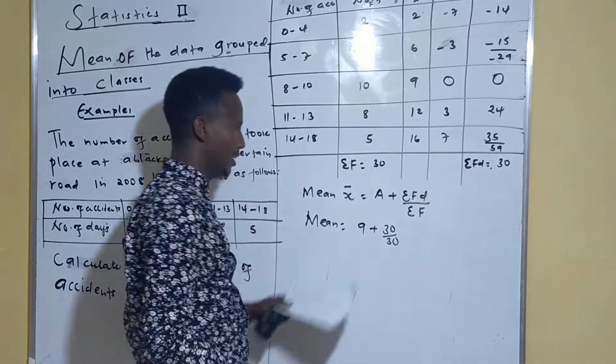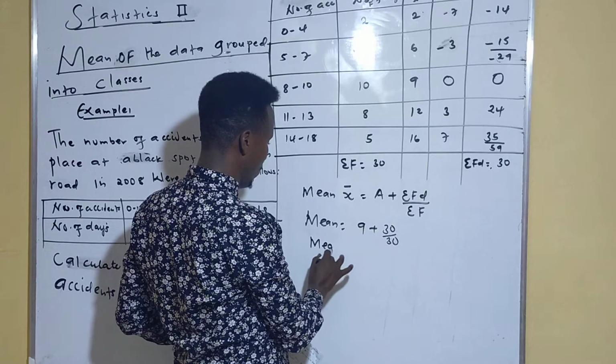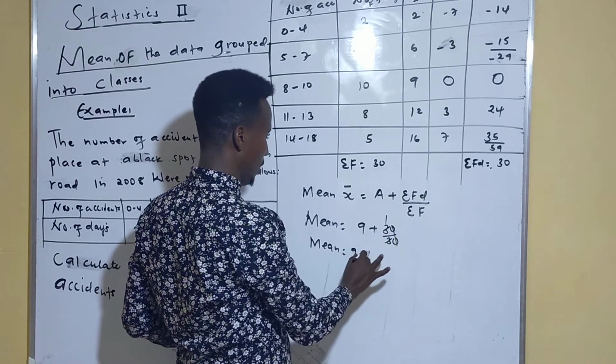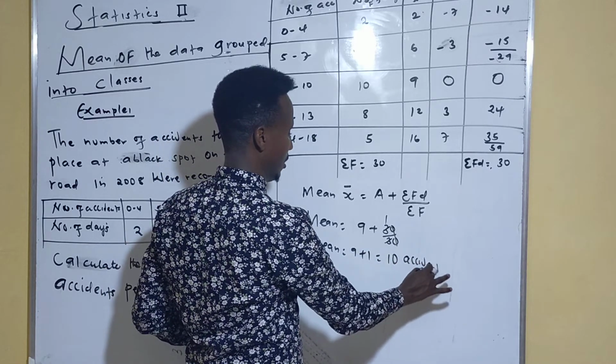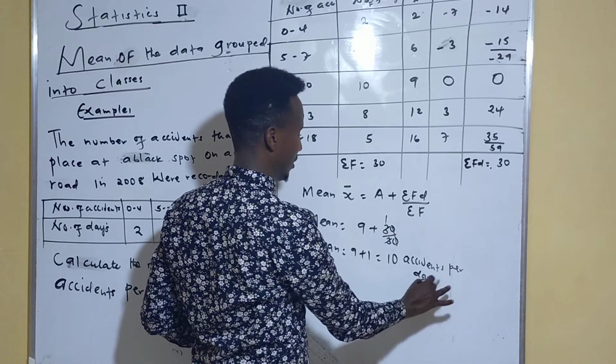Sum of FD is 30 and sum of F is also 30. So our mean will be 9 plus, cancel 30 by 30, 1. That will give us 10 accidents per day.